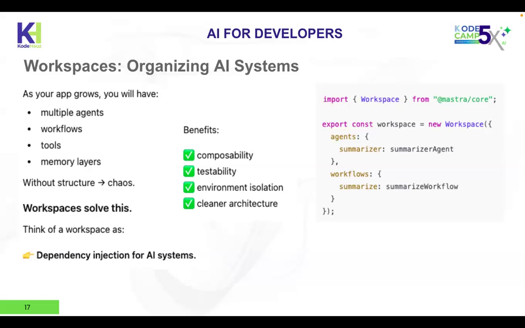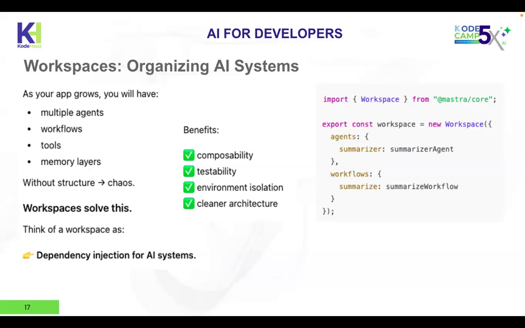You can think of it as saying, okay, a workspace allows me to keep together the things that need to be together, and they cannot leak outside of that workspace. So it allows for composability, right? It allows for testability, it allows for isolation of environment, and allows for clean architecture.